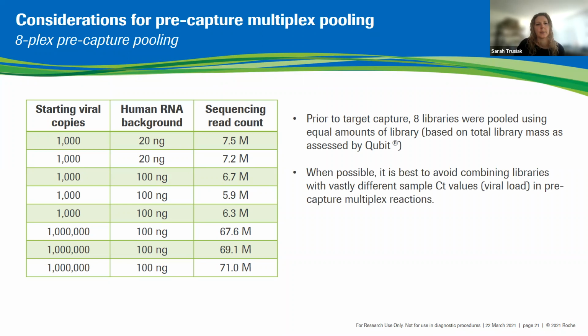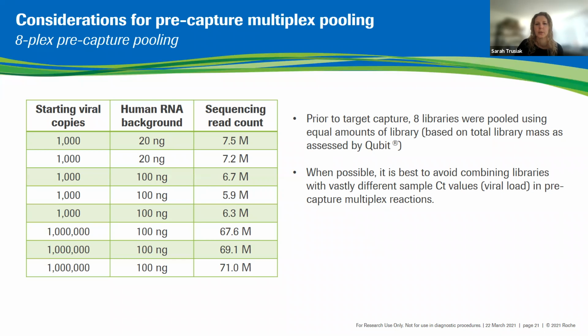We did find, as shown here in the table on the left, that our lower viral copy samples had less overall sequencing reads than our higher million viral copy samples, which took more of the sequencing read pool. Our recommendation around this, although we have not tested this yet, is that when possible, if doing pre-capture multiplexing, it would be best to avoid combining libraries with vastly different sample CT values.